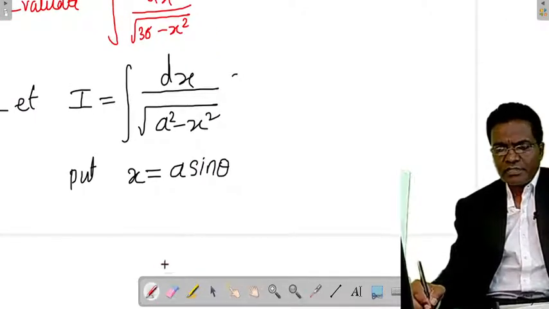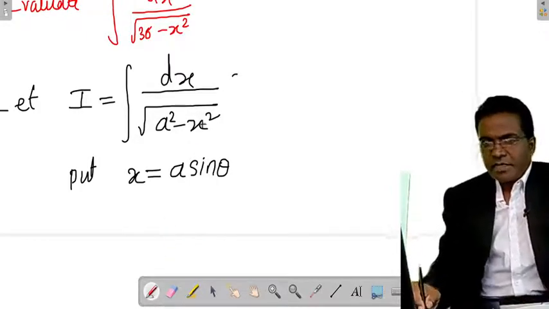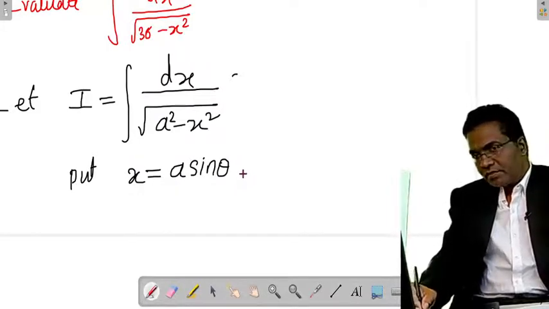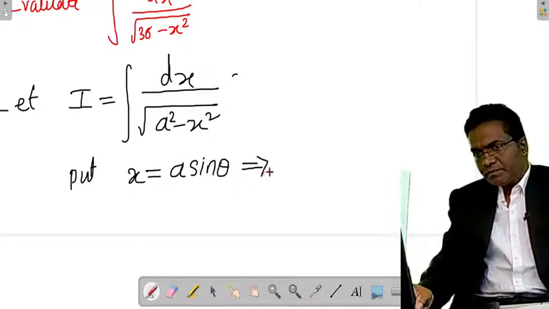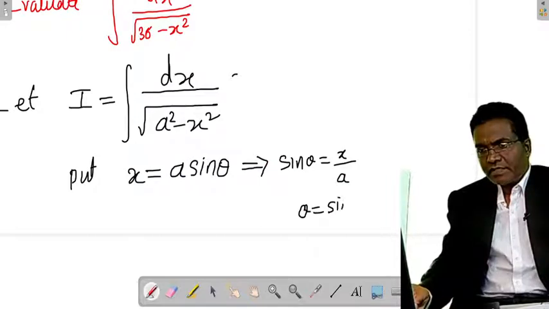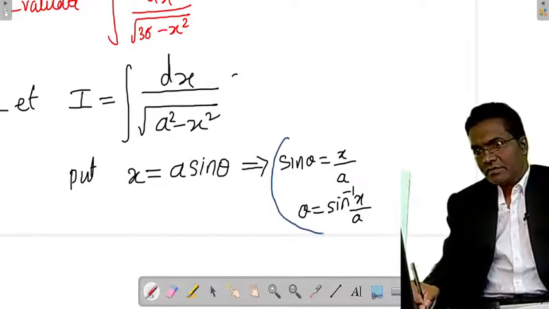That we have studied in inverse trigonometric functions, how you can express this in its simplest form by substitution. This gives you sin theta is x by a, so theta is sin inverse x by a. I need it at the last stage, so remember this.